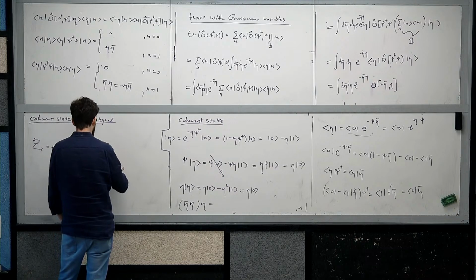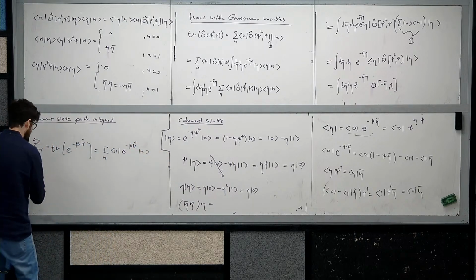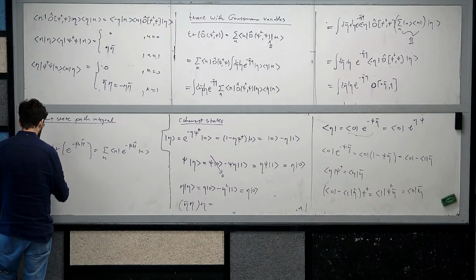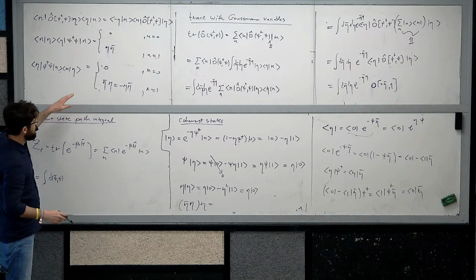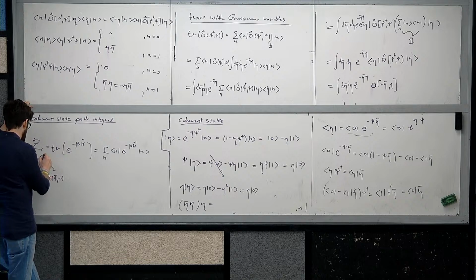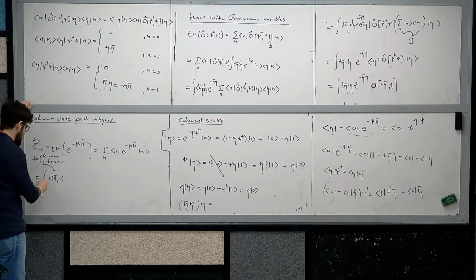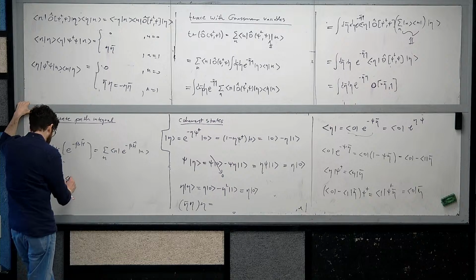This is a sum over n of e to the minus beta h n, but we just saw that we can rewrite this as an integral d psi bar psi. Now psi is like phi for bosons and eta for fermions. And this measure is the associated measure.